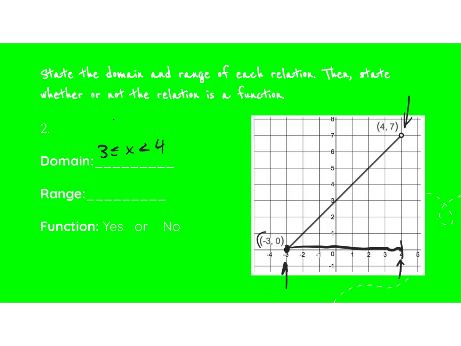It's less than or equal to because I'm including -3. What this says is that x is between these two. My range, similarly, I'm going to go up and down. My range would include 0, but then it's going to be less than 7. This is a closed-off segment. So once again, yes, that's going to be a function.